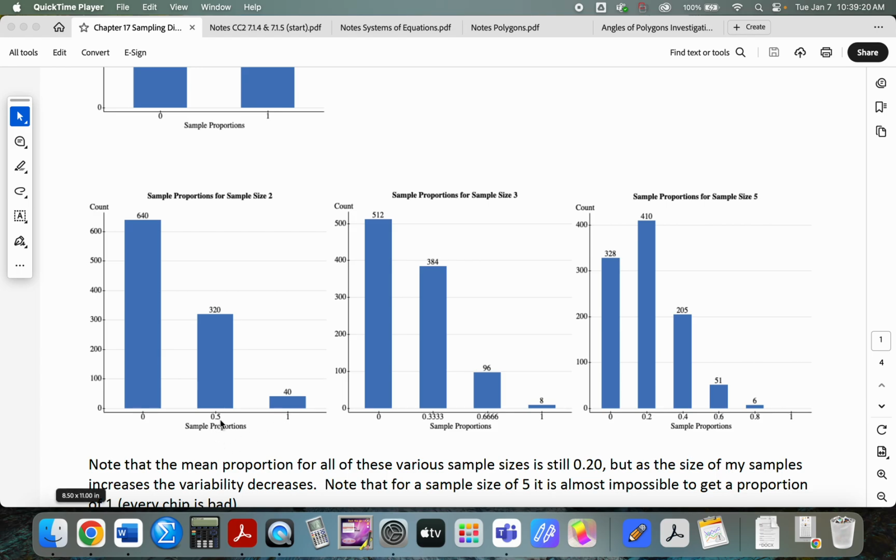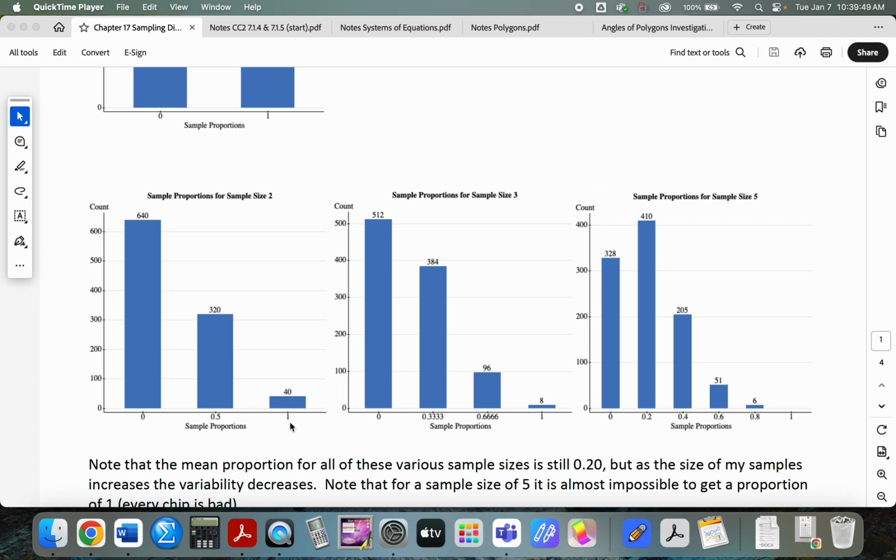The 0.5 would be half of them were defective. The 0 is going to be none of them are defective. It turns out that there's only 40 ways out of those 1,000. If you're doing samples of size 2, there's a whole bunch of different samples that you can get, but there's only 40 of them where both of them are going to be defective. And your histogram kind of looks like this.